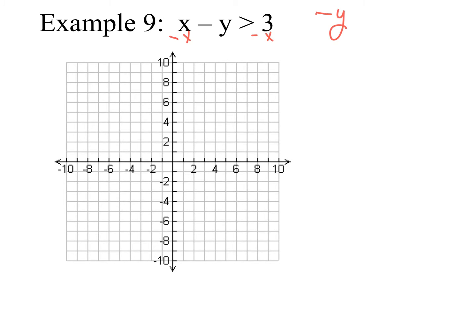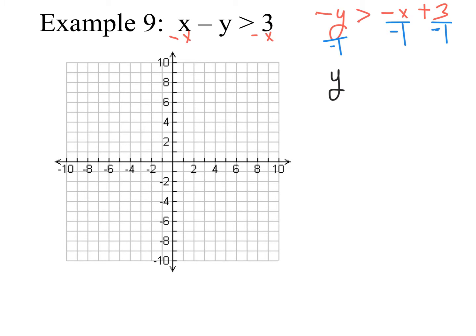Negative y greater than negative x plus 3. Now, I still need to get y alone, so I'm going to divide by negative 1. That doesn't change either. But here's where the problem starts.